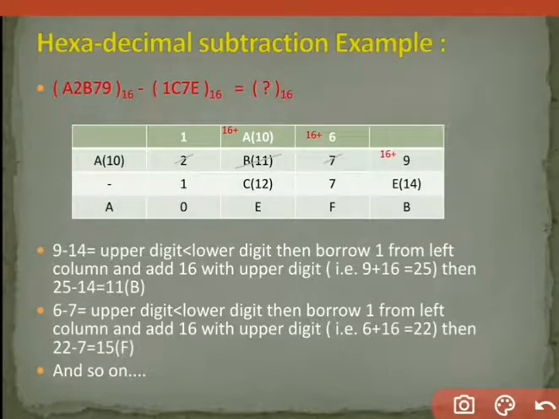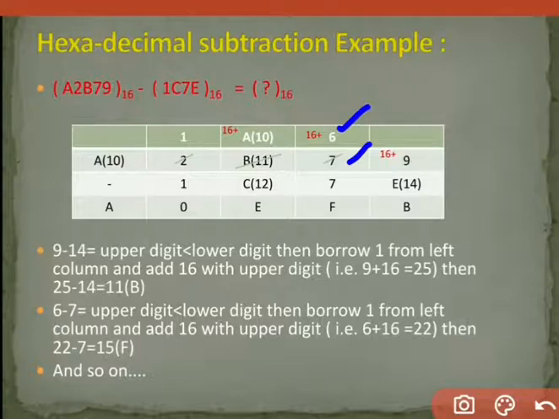We are having one example. We have to subtract these two numbers, means we have to subtract 9 with E. When we are subtracting 9 with E, 9 is the lower, it is not having that much capability to subtract 14. That's why what we have to do, we have to borrow 1 from 7. We are getting 6.